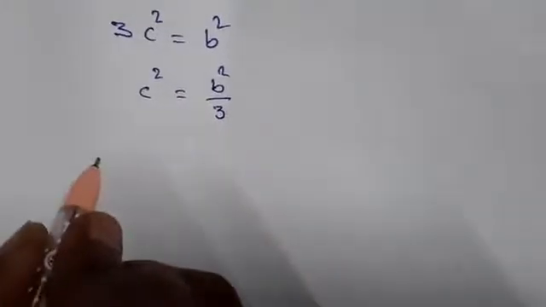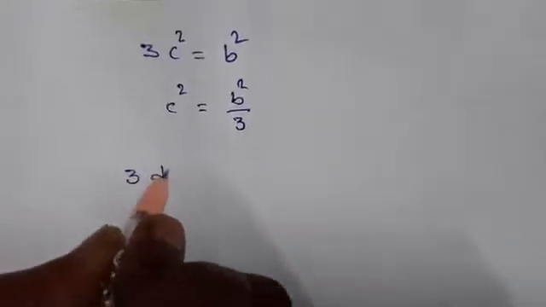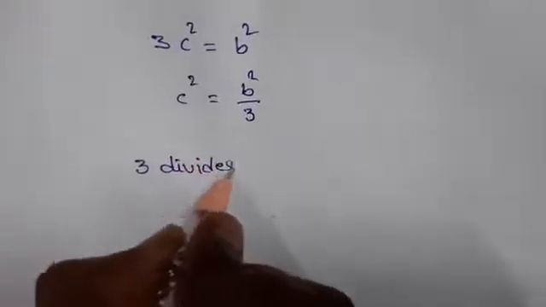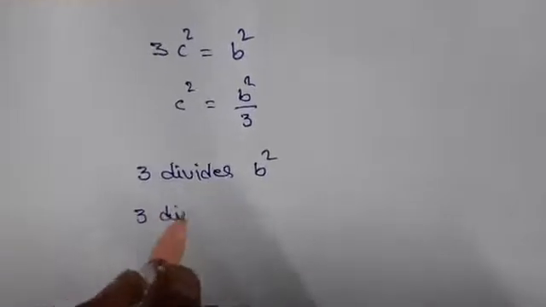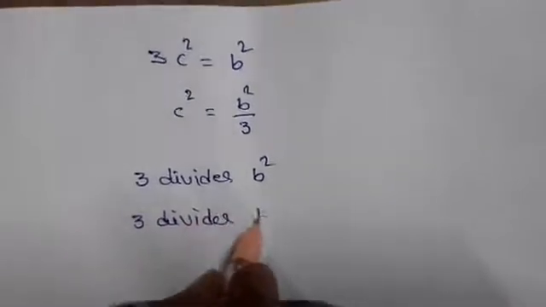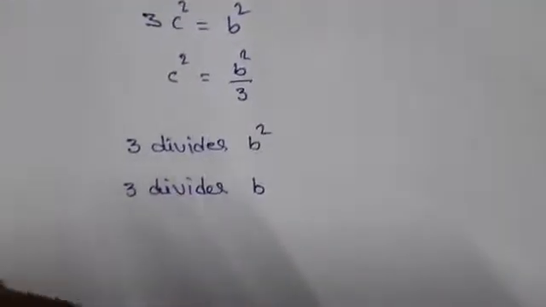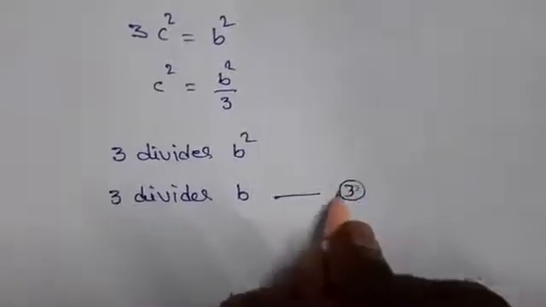So we get 3c square equal to b square. Here c square equal to b square by 3. So that means 3 divides b square. Similarly, 3 divides b. This is 3.